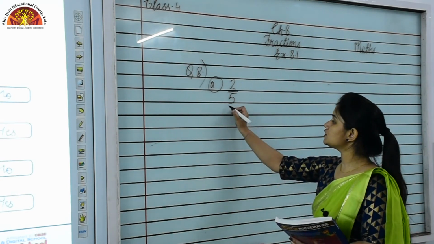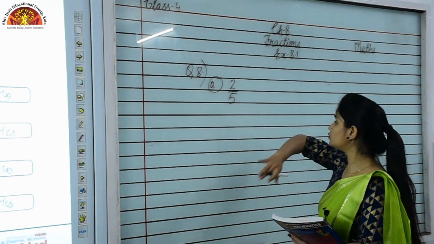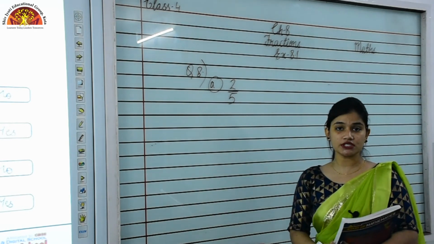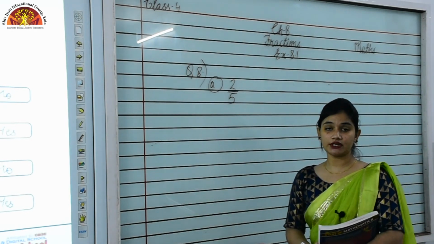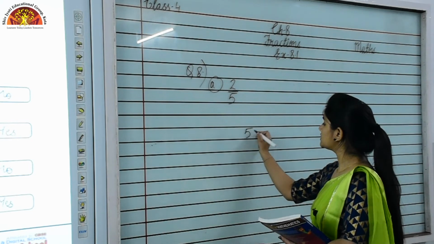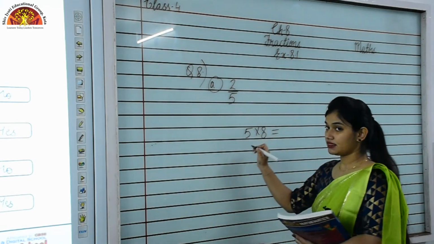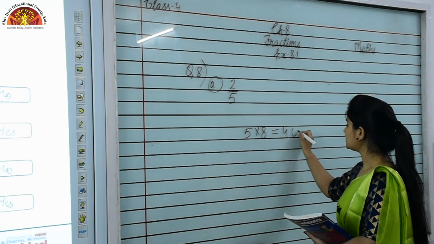So students, what you will do with this 5, so that you get denominator 40? आपको क्या करना है कि denominator 40 हो जाए. If I multiply 5 by 8, then 5 8s are 40. I will get 40.